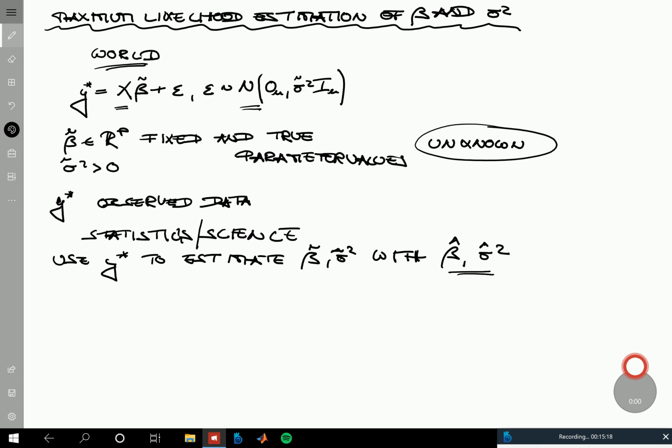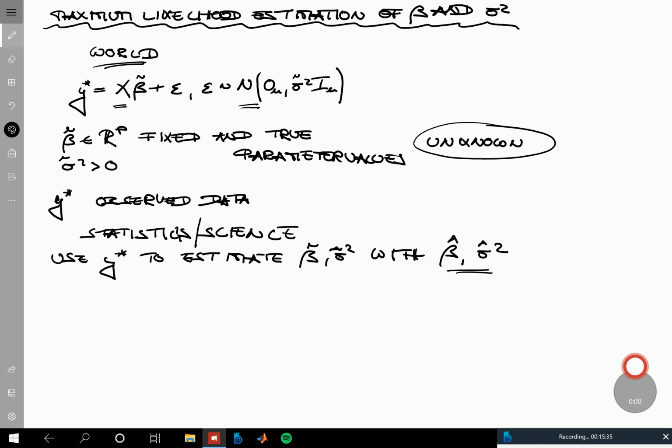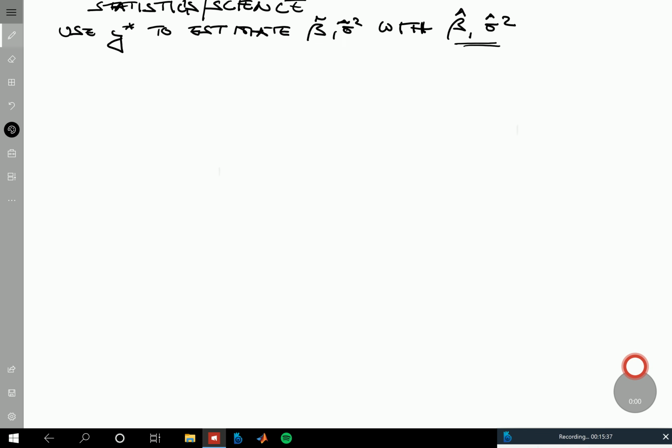So the idea of maximum likelihood is that you choose parameter values such that the observed data under your model and these parameter estimates becomes maximal. And this can be formalized in terms of the likelihood function. So when we now want to introduce maximum likelihood estimation in the GLM, first thing we need is the likelihood function.